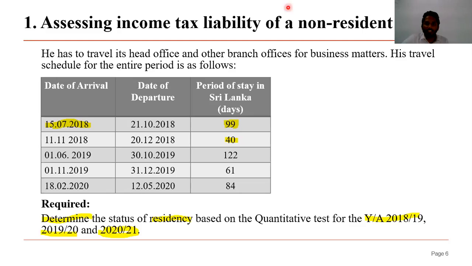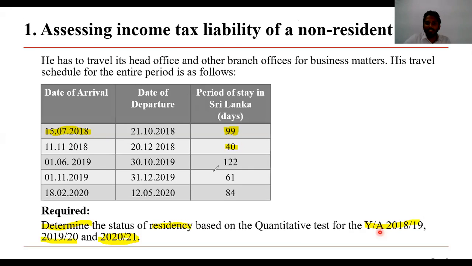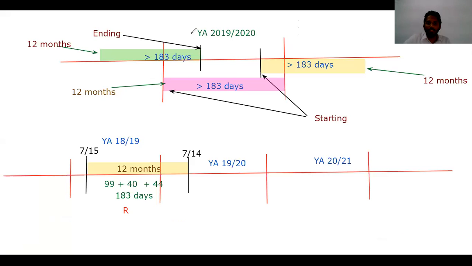Let me share the screen. Here, this year you don't have any doubt because I think you can decide easily. Just need to calculate the number of days only. Then the last year, 2021, according to the given example, May 12 is the last date.